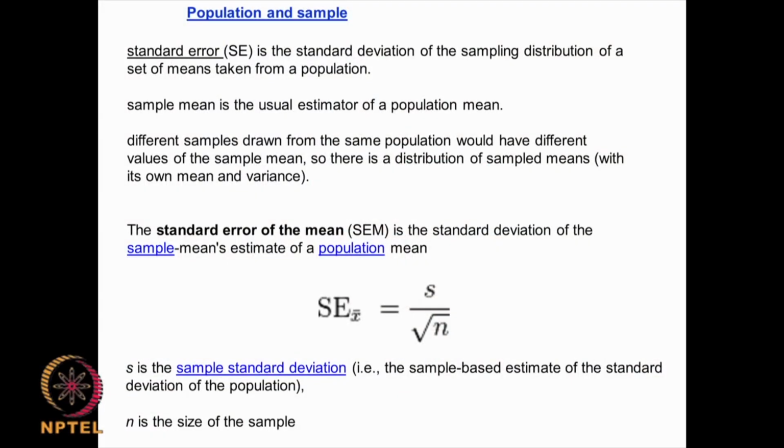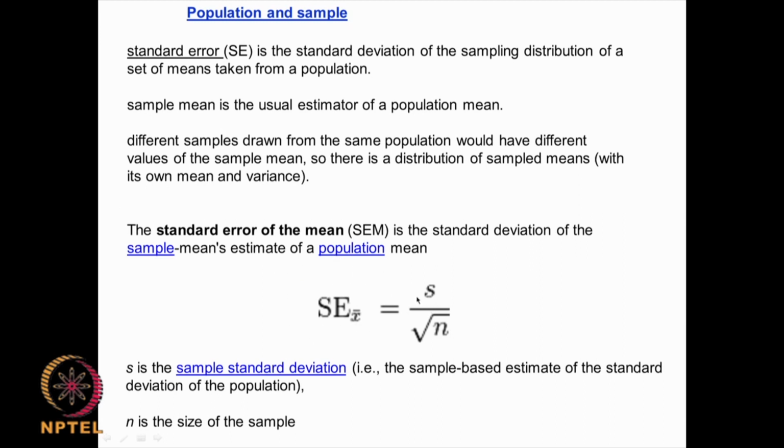Generally the sample mean is a usual estimator of the population mean, and if I take different samples I will get a large number of means, which will have their own mean, that means the mean of all the means, and also a normal distribution with its own variance. So, the standard error of the mean, we call it standard error, is the standard deviation of these sample means, an estimate for the population.